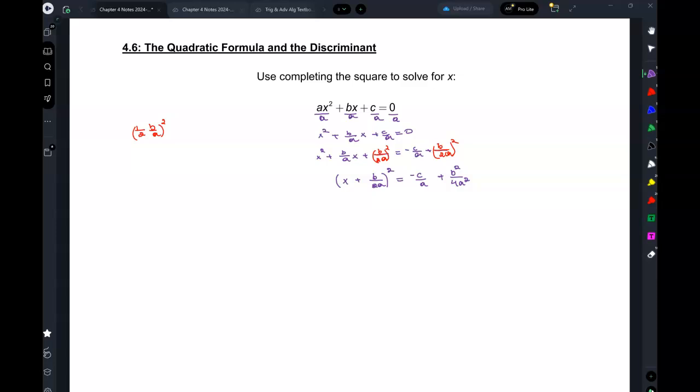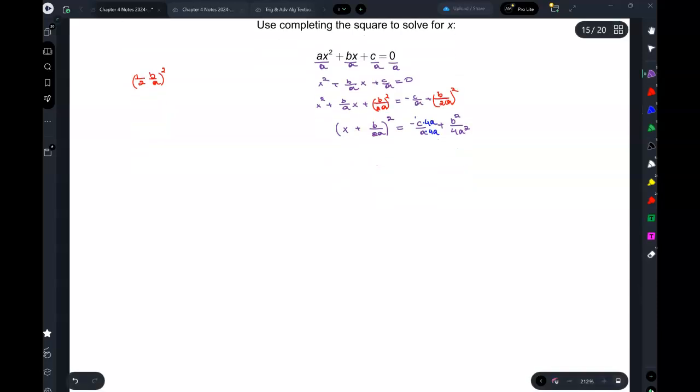I need to add this, so this first fraction, I need to multiply by 4a. So let's see what I have now. Let's simplify. x plus b over 2a, squared, is equal to negative 4ac over 4a squared plus b squared over 4a squared.